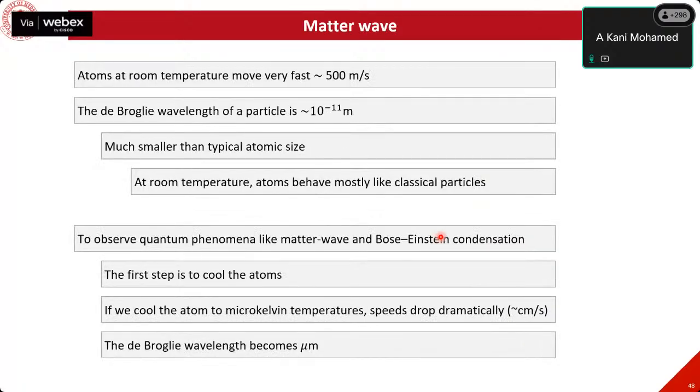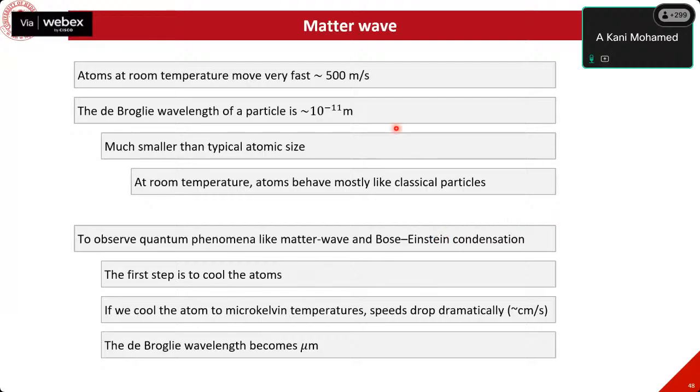So let's start from matter waves. This is the de Broglie wave of matter. But at normal room temperature, the atoms are moving very fast, roughly 500 meters per second.